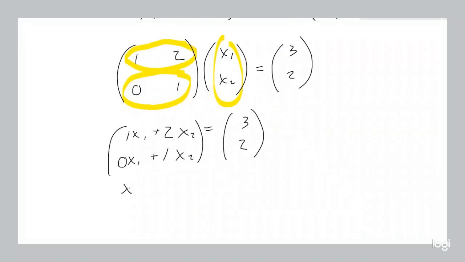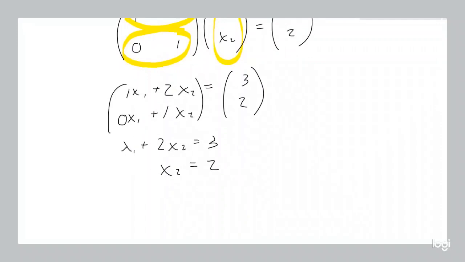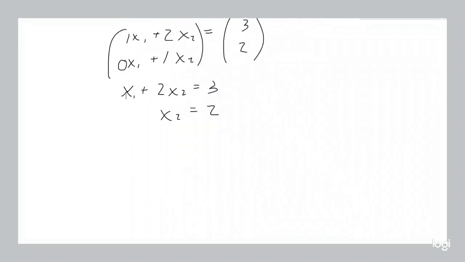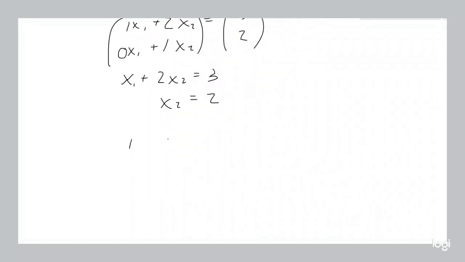So we have x1 plus 2x2 equals 3, and x2 equals 2. So this is a system of linear equations, and of course you can solve it as an augmented matrix like this.